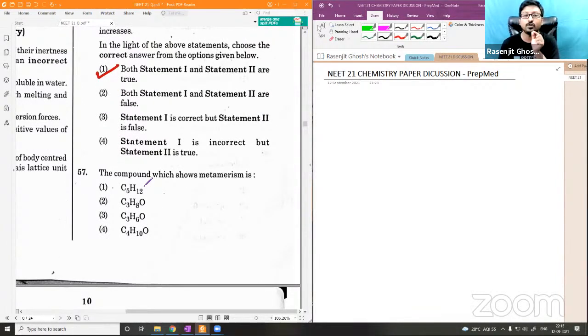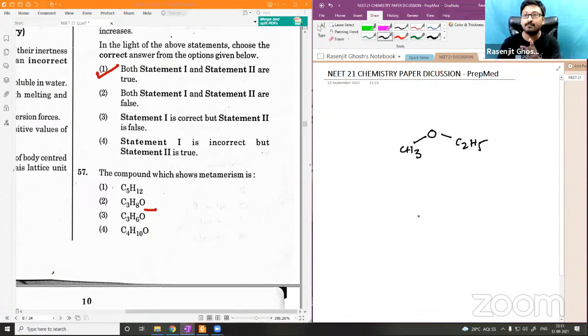The compound which shows metamerism. It's very simple. Why? In order to get metamerism, either the compound should be an amine compound or an ether-based compound. Here you have to find out which compound forms the ether. Now you found that this compound forms the ether. If I look here at the oxygen, it can be a CH3 here and a C2H5 here.